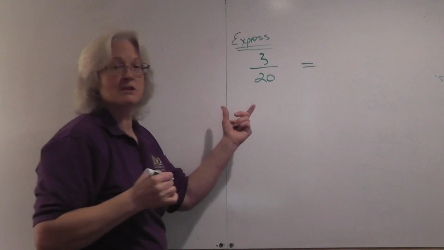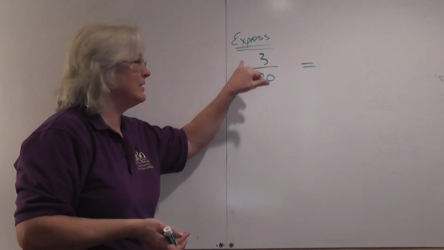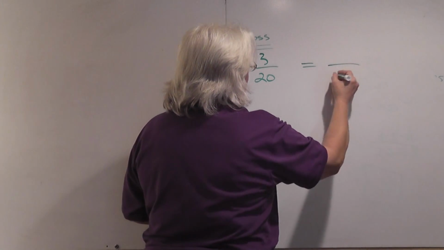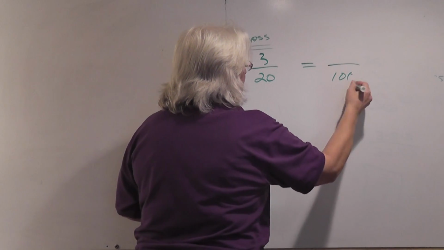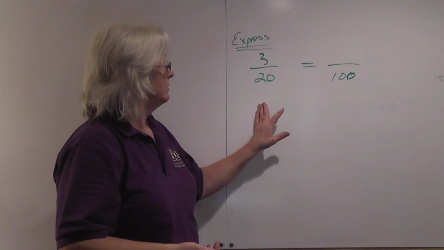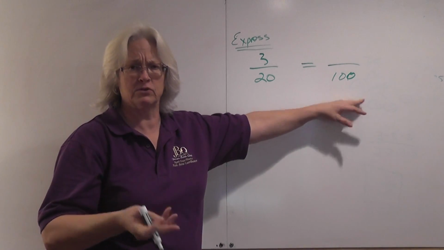So they want you to write this as a percent by naming an equivalent fraction for this with a denominator of 100. All they're saying is, yeah, we know that if you have 100 in your denominator, that it can be directly named as percent, if you understand what I'm saying.